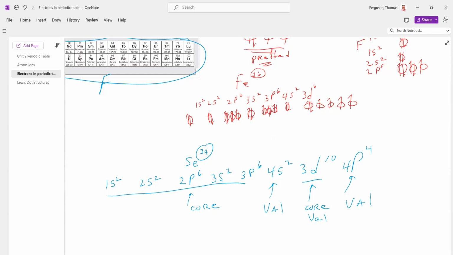Other books call it core. Because going back to what I said earlier, you look at the highest shell number, which is 4 here. So these for sure are valence. And the question is, what about this guy? And for our class, we're going to call it valence.